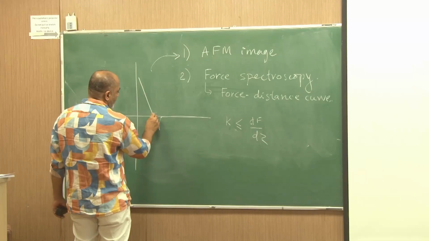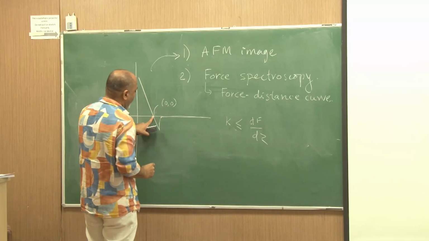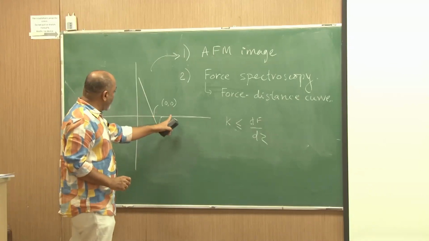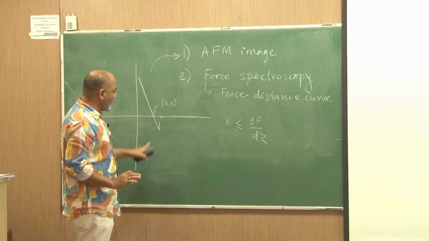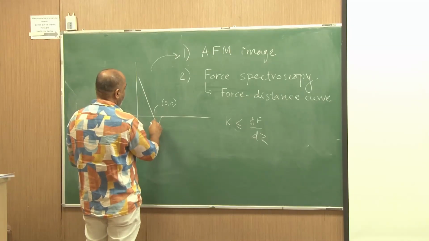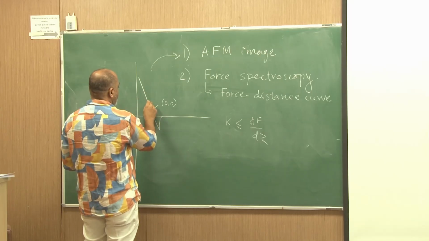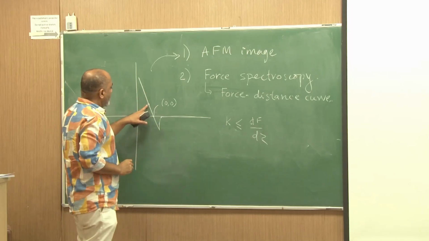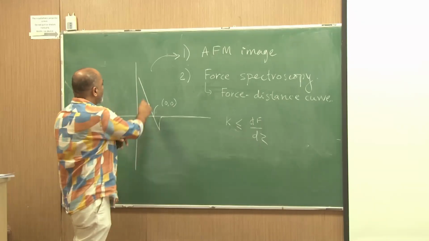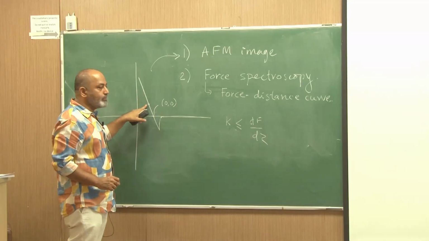This point is where the force is 0 and also the deflection is 0. Now suppose I stop at this point or stop at this point, what is the difference? I have loaded the cantilever more here compared to there.